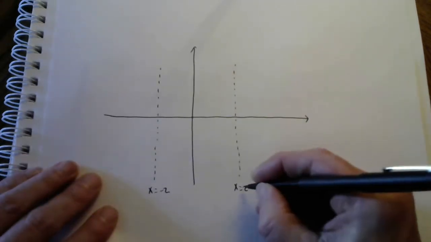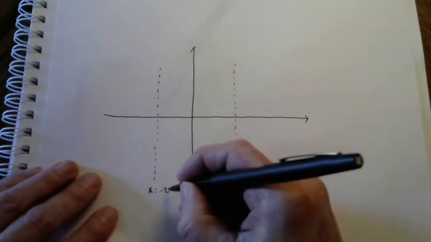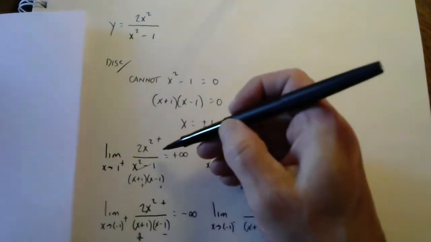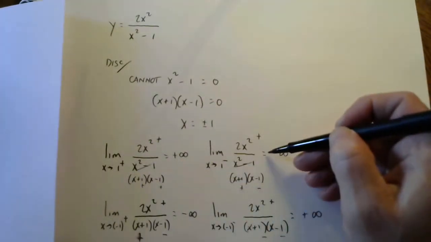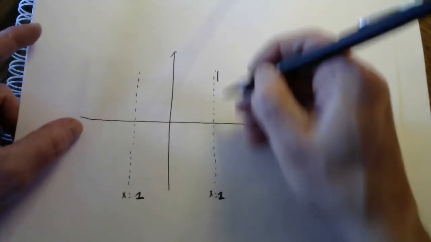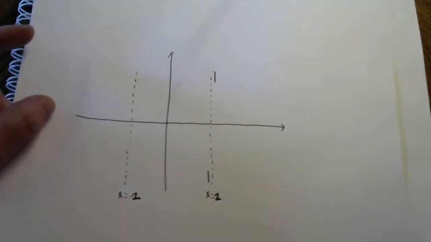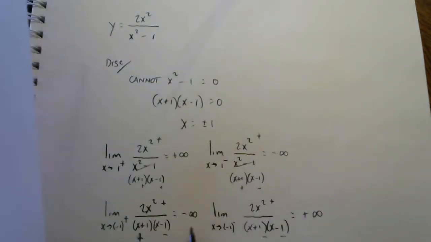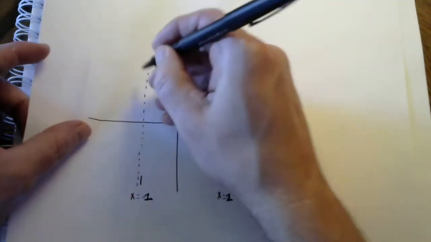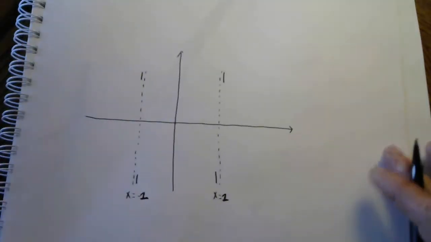Sorry, these are 1s. So I look at positive 1: on the right, positive infinity, on the left, negative infinity. And for negative 1, it's the opposite: negative on the right, positive on the left.